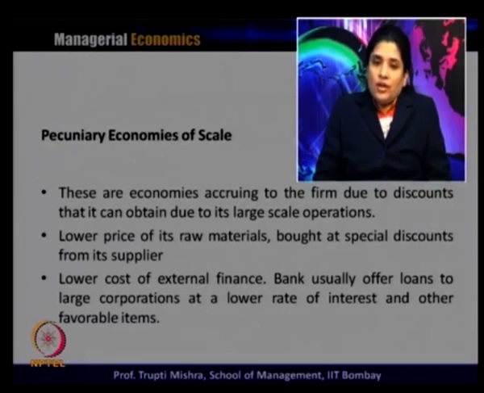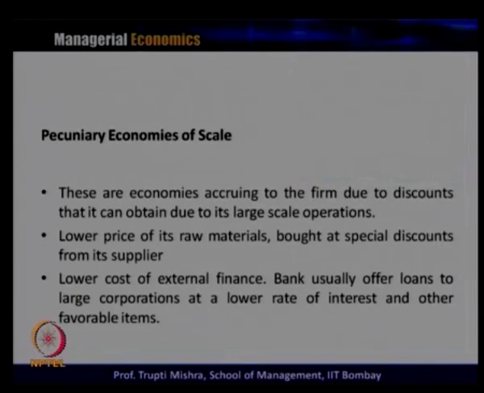Similarly, lower cost of external finance. Banks usually offer loans to larger corporations at a lower rate of interest and other favorable terms. Maybe the terms and conditions also change if it is a large corporation, because there is no problem with their repayment.